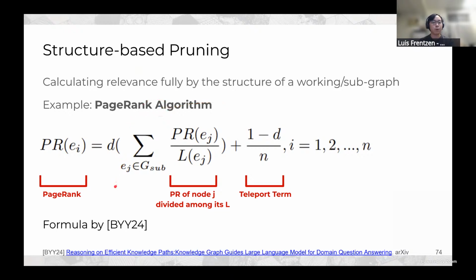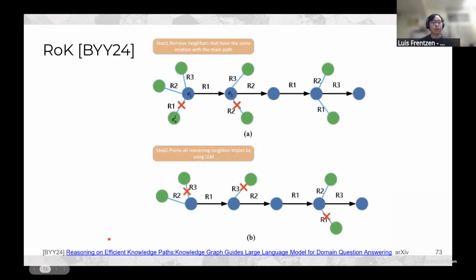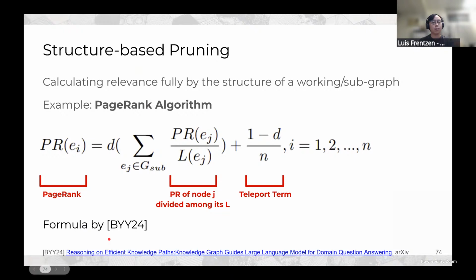But I'm going to use the explanation from the previous paper, the ROK paper, because the ROK paper also uses PageRank to score which node is the most important. The way they do it is they calculate PageRank using this formula. But I think the formula is not too intuitive. If you just want to understand how PageRank works, basically they calculate this part: PR of E_i, entity i, or node i.